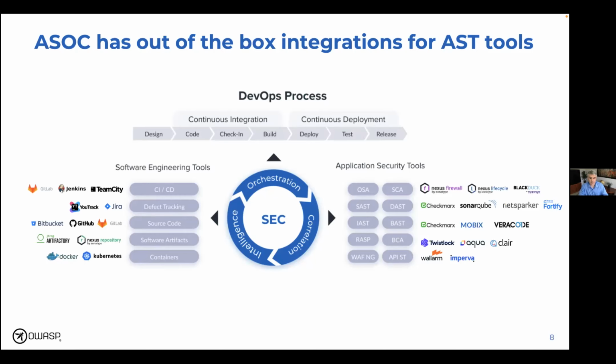There are a lot of different categories, like we talked about before, and a variety of products, but all of them can be integrated within a few hours or days into an existing DevOps environment, which on the left side you see consists of CI/CD tools, defect tracking tools, source code repositories, software artifacts, and container frameworks if it's a container environment. So all of this integration would be available out of the box, and if there is a new tool, it can be added within a matter of a month or two.